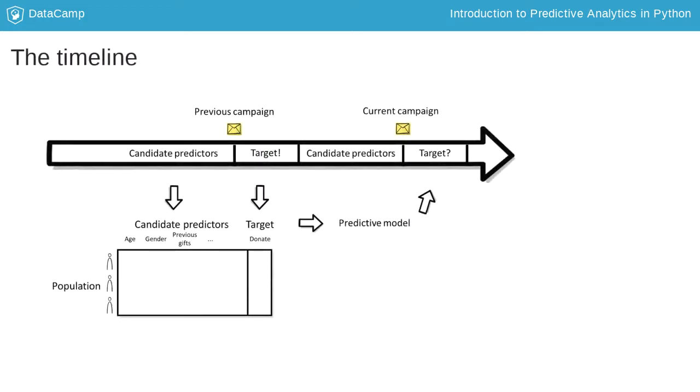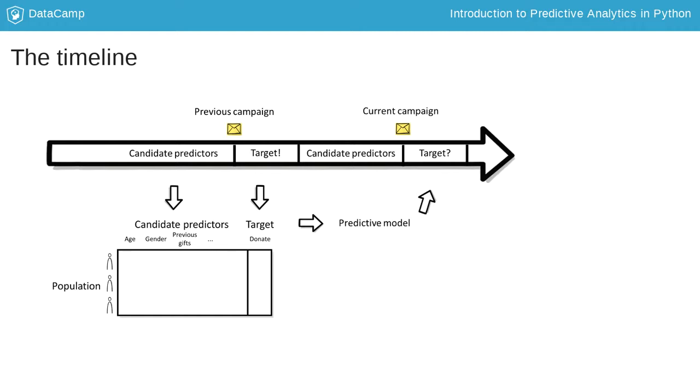You might have noticed a contradiction in the definition of the base table. We assume that the target is known, but actually this is exactly the event we want to predict. In fact, the base table is not constructed on the current data, but on historical data. We look at a similar event, for instance a similar fundraising campaign in the past, and construct a base table on the data available at the time.